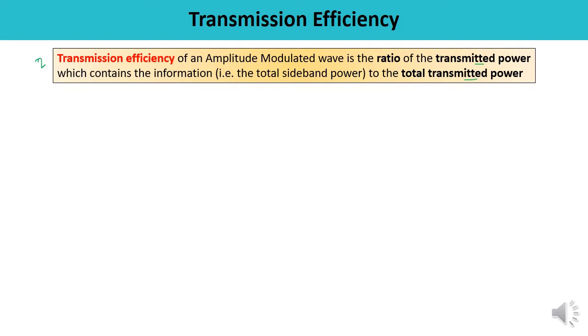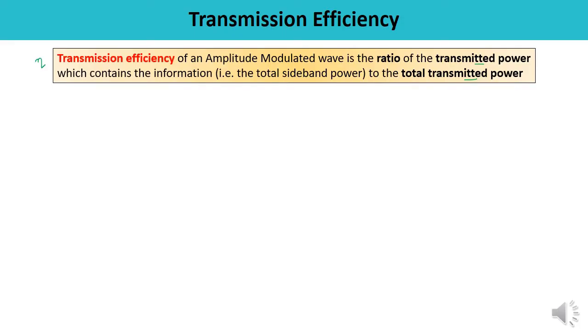In the total power, the useful message or baseband power is carried by the sidebands only, right? It means the large carrier power, denoted by PC, is waste from the transmission point of view, because it is not carrying any information. Only the sidebands are carrying the information.